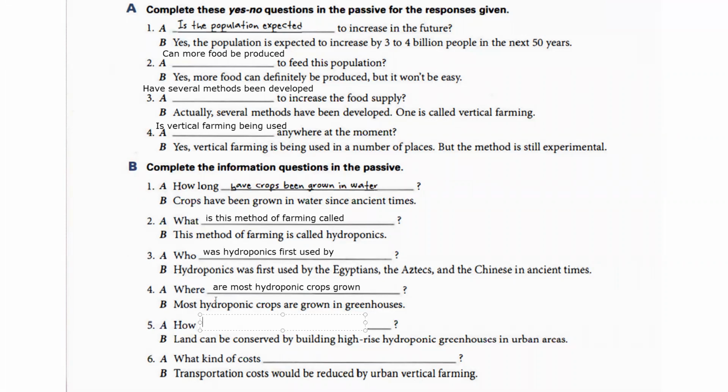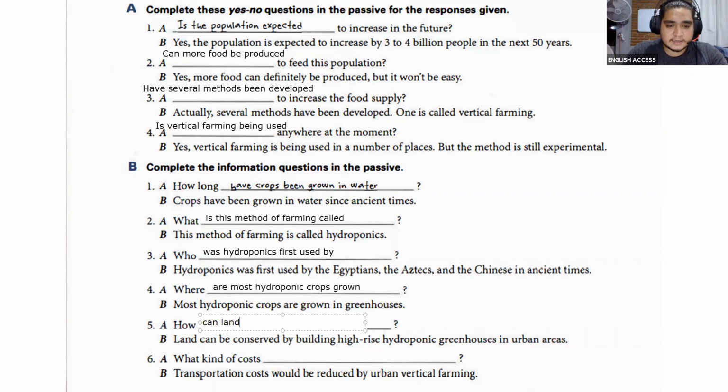Can. Can, very good. So how can, because the auxiliary needs to go first, right? Now, what else do we need? We need a subject, correct? So what's the subject? Land. How can land, then what is the action? Be conserved. Then how can land be conserved? And then, well, the complement: in urban areas.